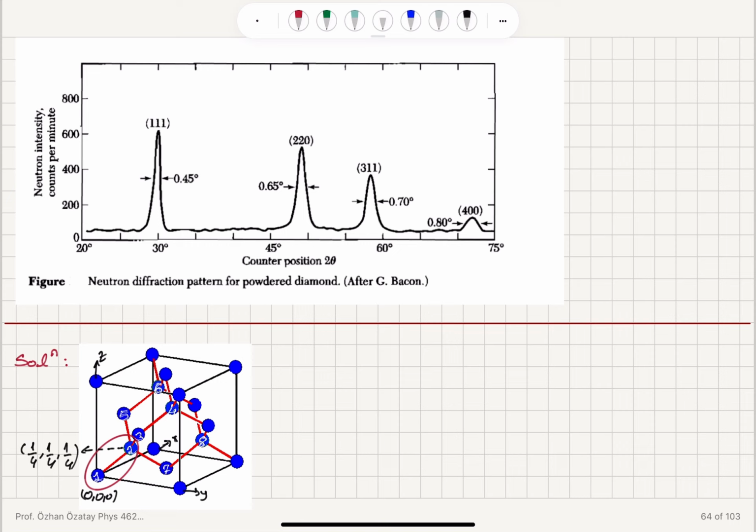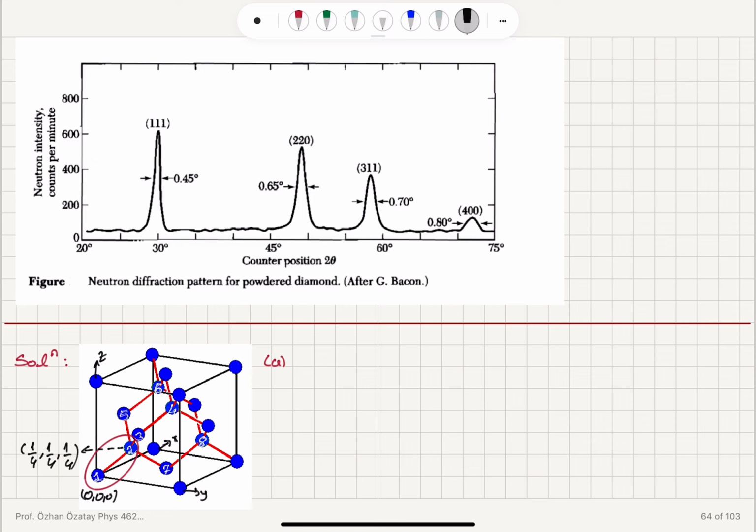So we're going to analyze the diamond structure from the point of view of an 8-atom basis instead of the 4-atom basis of the FCC lattice, considered as simple cubic, plus the 2-atom basis in the diamond structure.